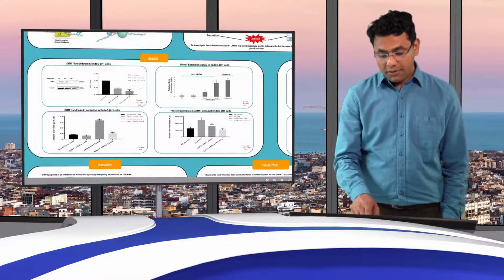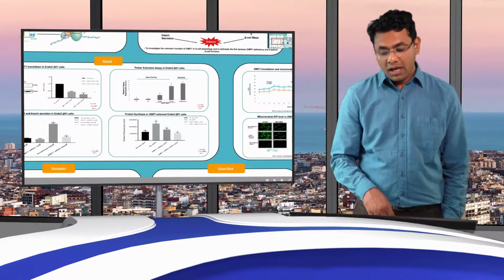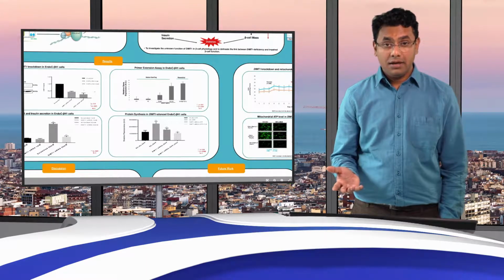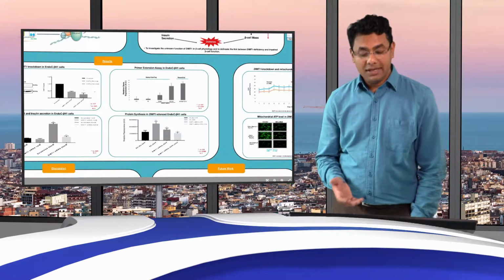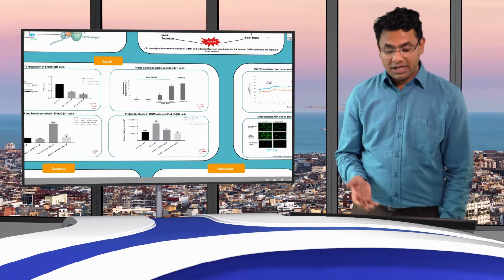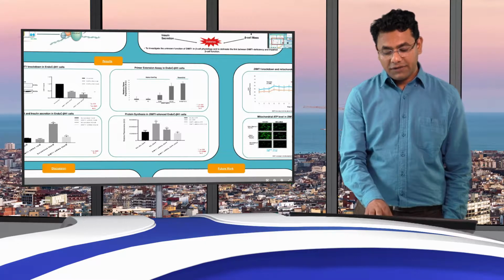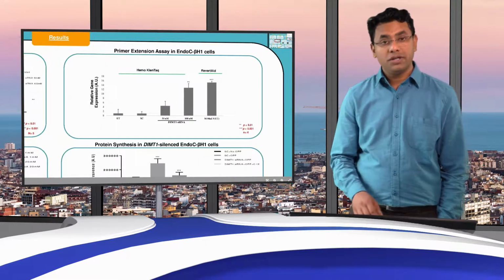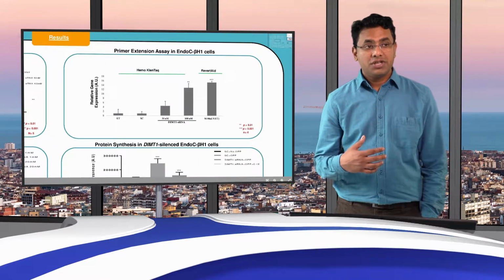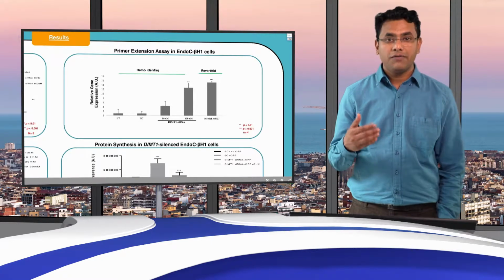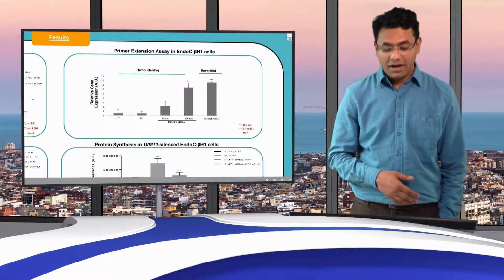Then we wanted to see whether DIMT1 methylates the 18S ribosomal RNA in the beta cells, in the EndoC-βH1 cells. For that, we used the primer extension assay, and we took a special kind of enzyme known as the Hemoclen Q enzyme, which gets interfered with by secondary structure or any methylated structure, so it will not transcribe your RNA copy.